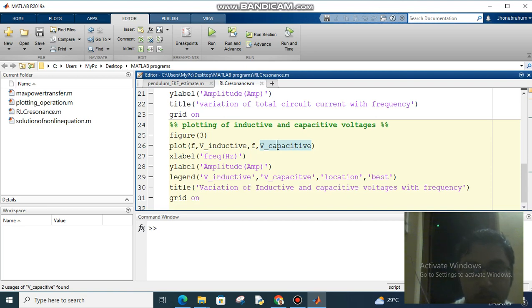If I run this program, you can see that three individual graphs will appear at the output. These graphs display the variation of these parameters with respect to frequency, because we are varying the frequency here.